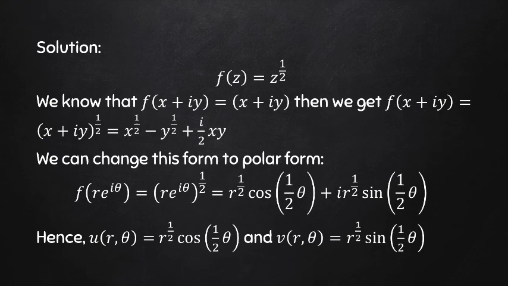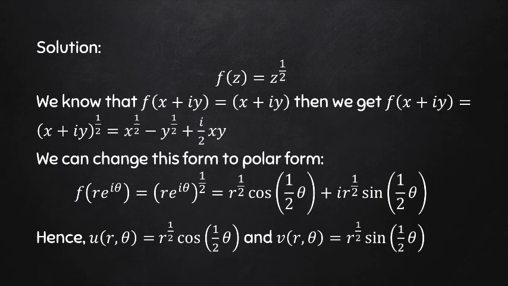Then we get f(x plus iy) equals (x plus iy) to the power of a half equals x to the power of a half minus y to the power of a half plus i over 2 times xy.